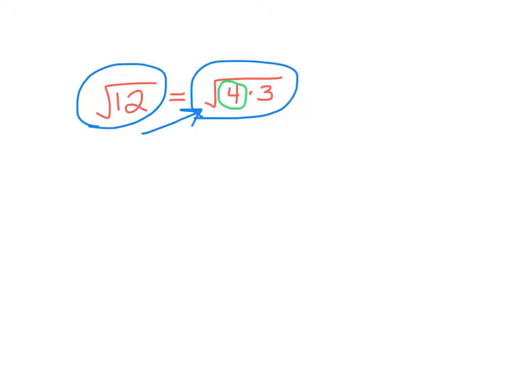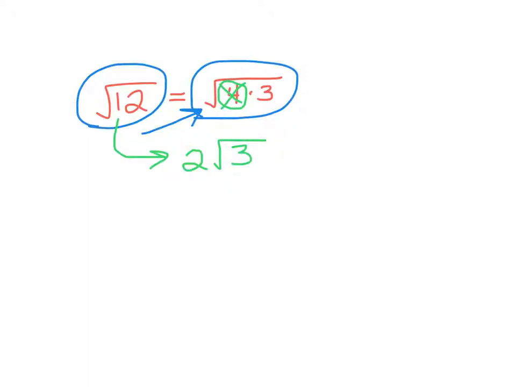The square root of 4 is equal to 2. So I can get rid of that 4. I'm going to bring the 2 to the outside, and I'm still left with the square root of 3 underneath the radical sign. So, the square root of 12 can be simplified, and it is equal to 2 times the square root of 3.